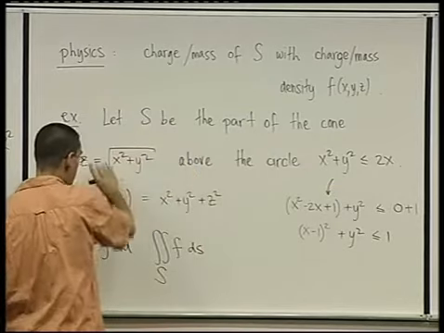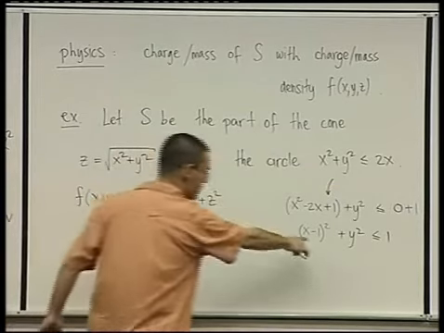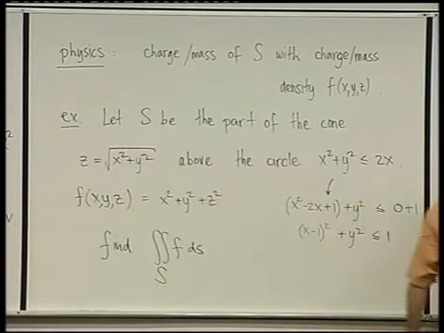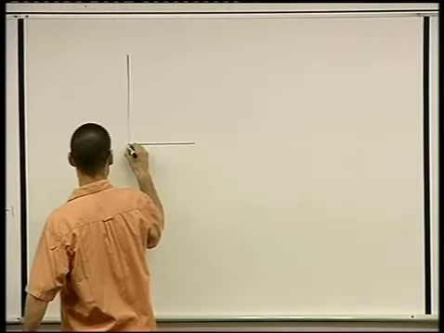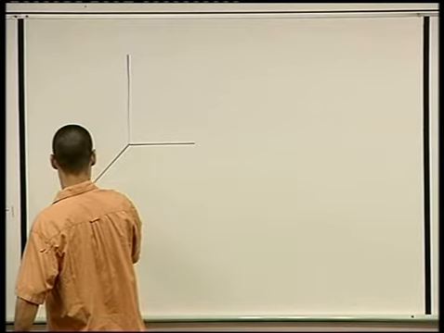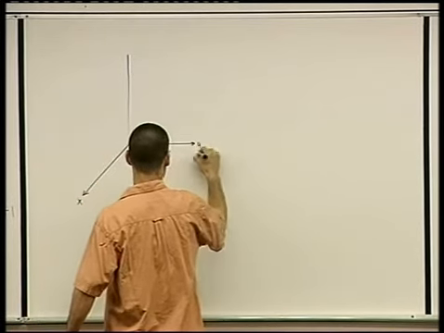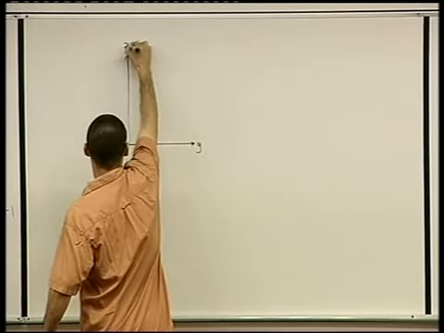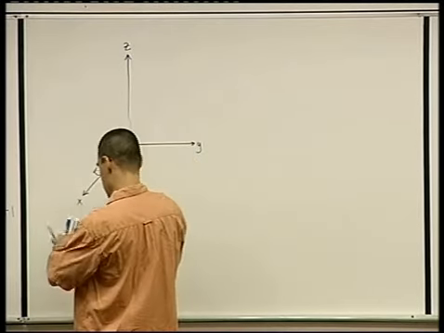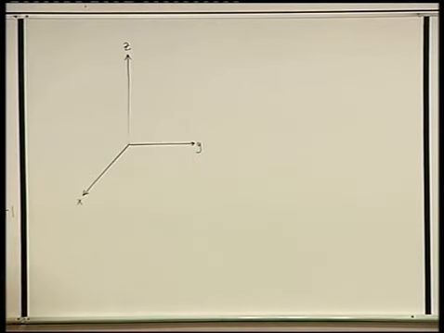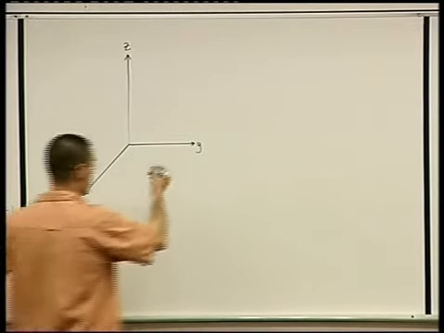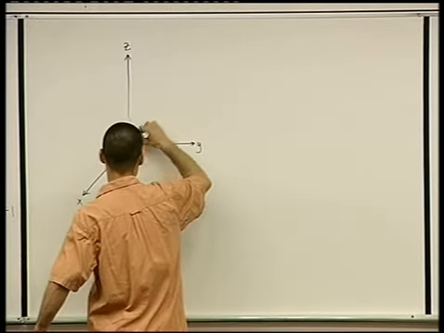S is a part of the cone that only lives above this circle. So here is a picture. This is x, this is y, and this is z. The cone, why do I have two blues here? I'm having the blues. Here's the cone.